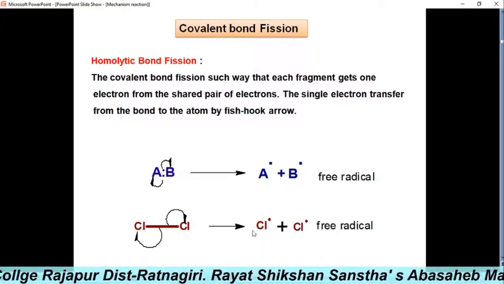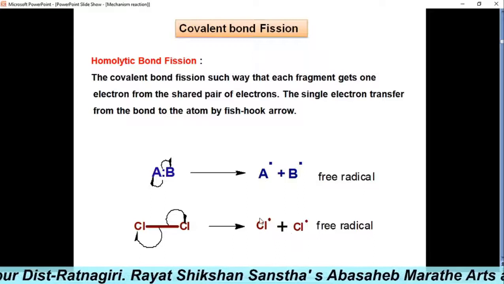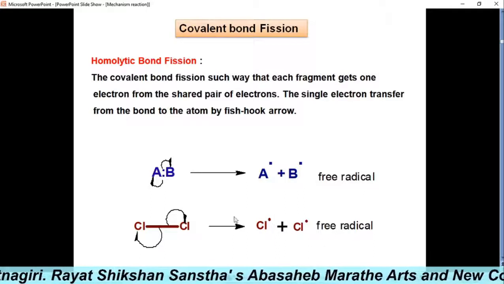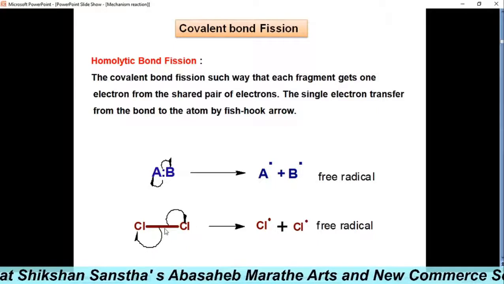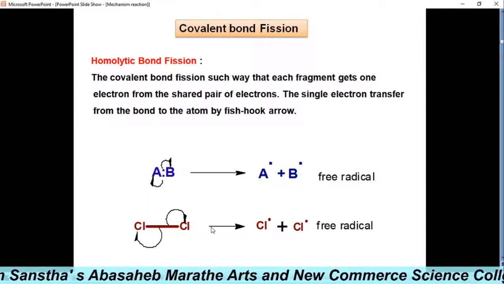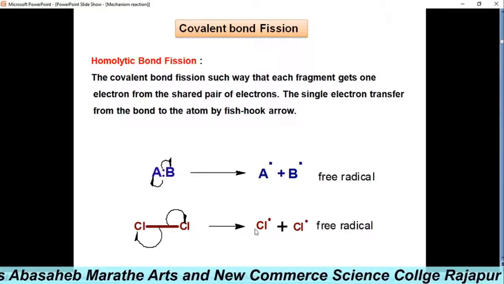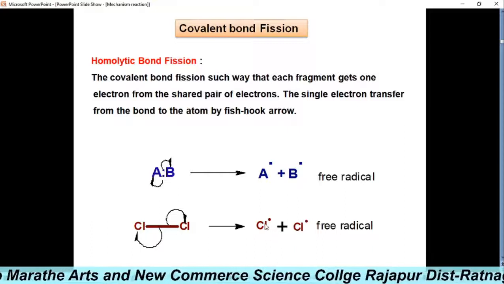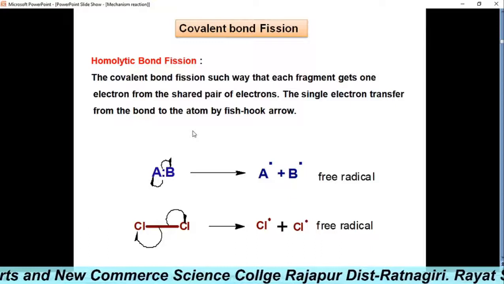So each chlorine atom has a single electron, or a free radical. This type of bond breaking takes place by homolytic fission. Why is it homolytic? Because both atoms get the same number of electrons, so it is called homolytic bond fission.